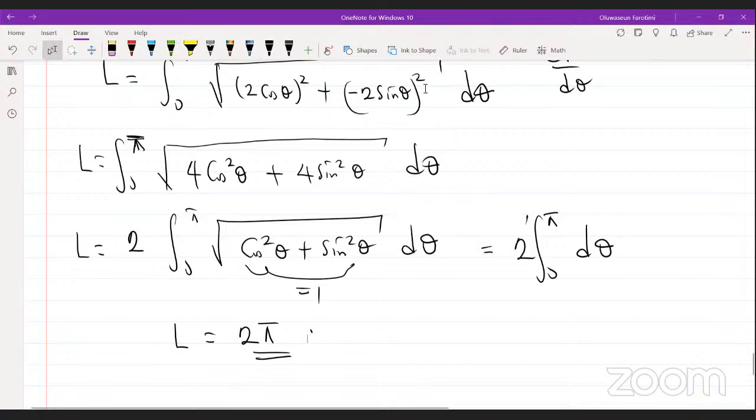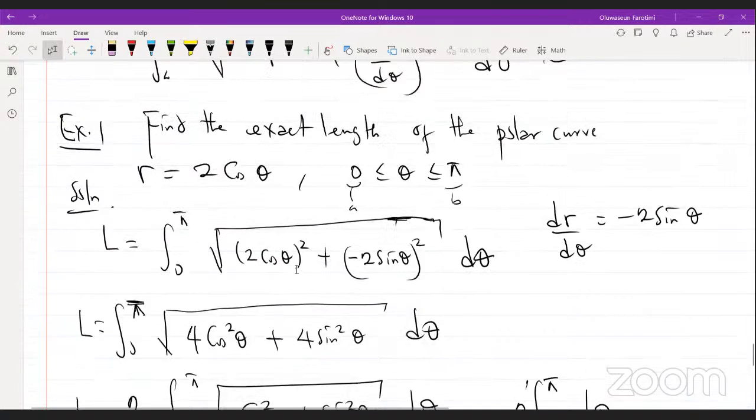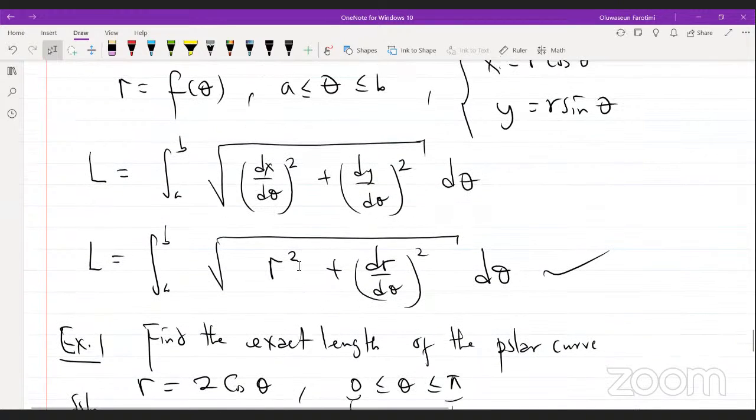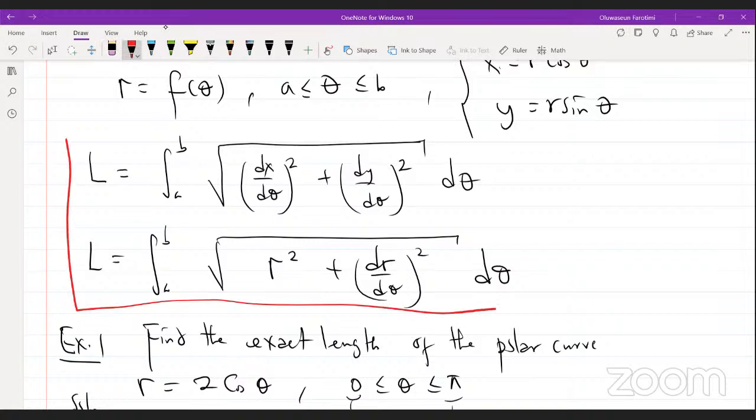So I'm not going to do a lot of examples here. I'm just going to stop here on this one because what you really need is just the formula. Once you have the formula, you'll be given r, square it, differentiate it, square the first derivative, plug things in, and then you rely on your knowledge of integration. Okay. So nothing complicated.